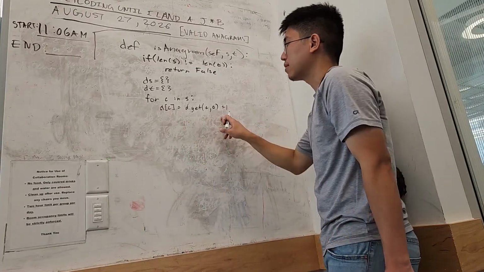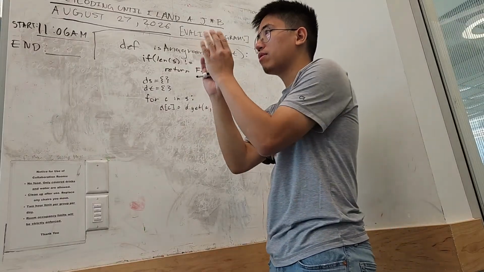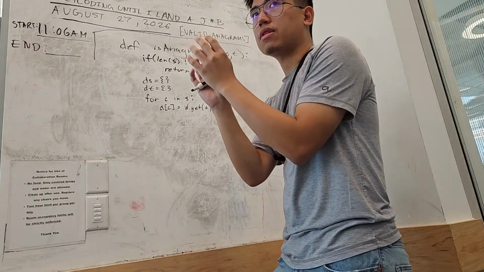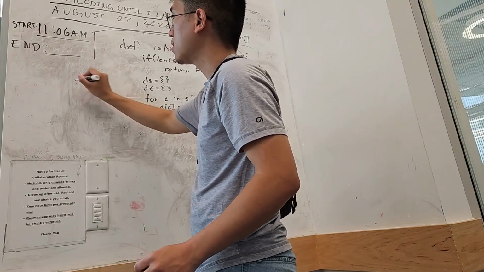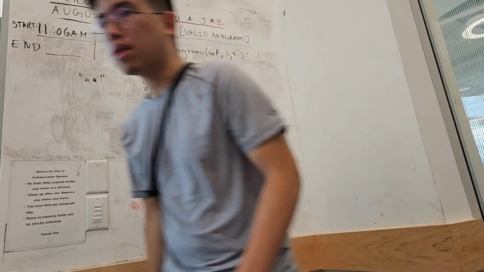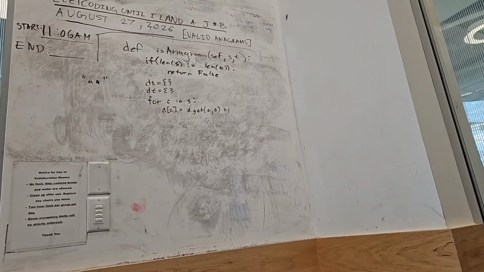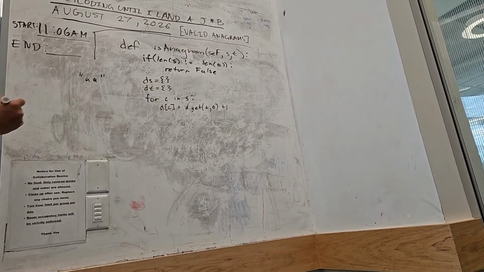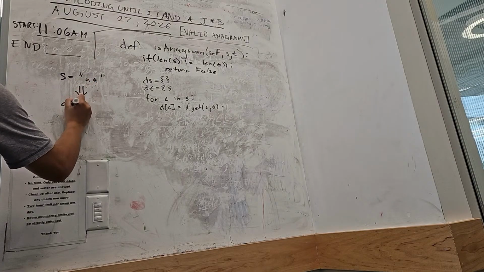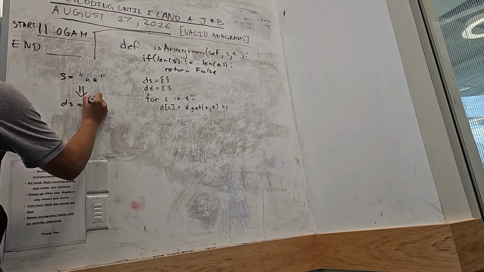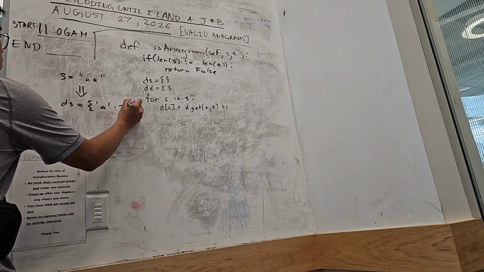So this is the pattern. The pattern is we're going to map every single character for every instance. For example, if our S is like AA, can you see this? Hold on, I need to check. Yeah. Okay, so if our S is like AA, then our d of s is going to be A2.